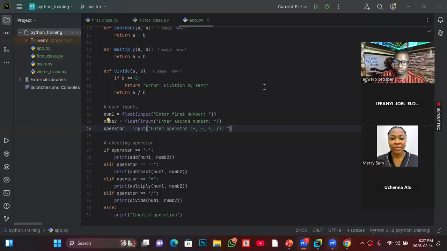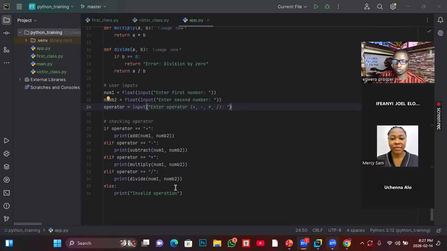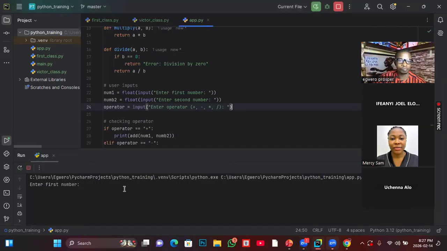All right, so let's look at the communication one more time, see how the calculator will respond to our input. So we give the first number, second number, then it asks us to choose your operator. So this was what was missing.